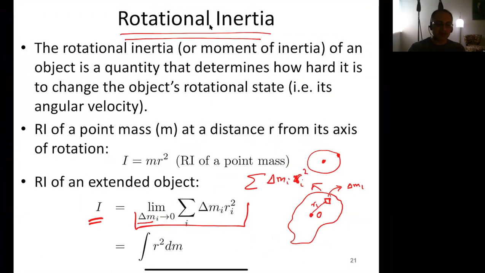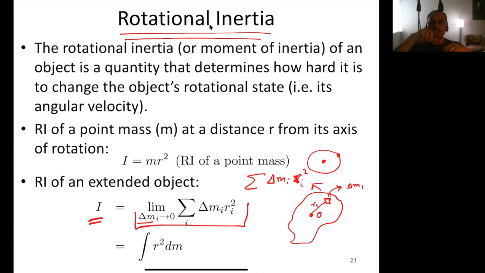So to summarize what we just discussed here, moment of inertia measures the tendency of an object to resist changes in its rotational state. To give you an example, suppose you have this heavy disk which is spinning, that will have a high amount of moment of inertia. If it's spinning really fast, it'll be difficult to get it to stop.